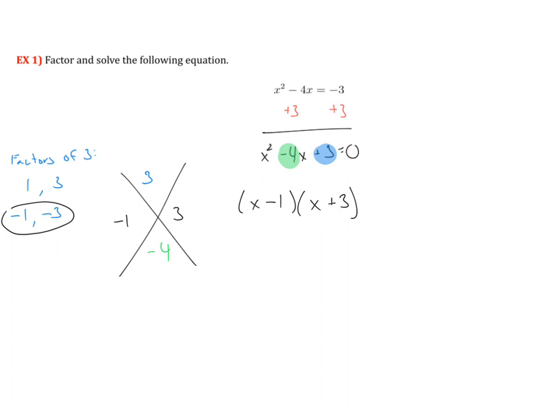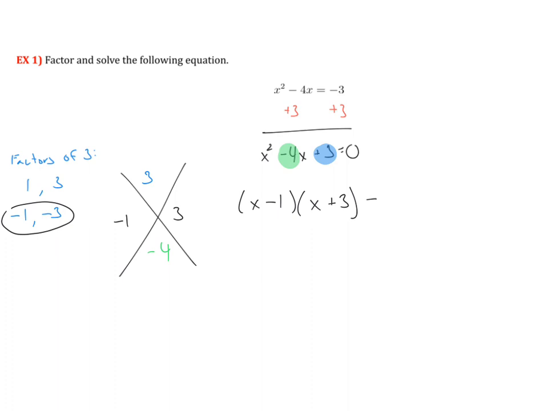Now, to double check your work, what you could do is FOIL or distribute, in other words, multiply all the terms back together and see if you end back up with the original expression here. If you don't, double check your work because maybe one of your factors is incorrect. And you might need to change that around, okay?